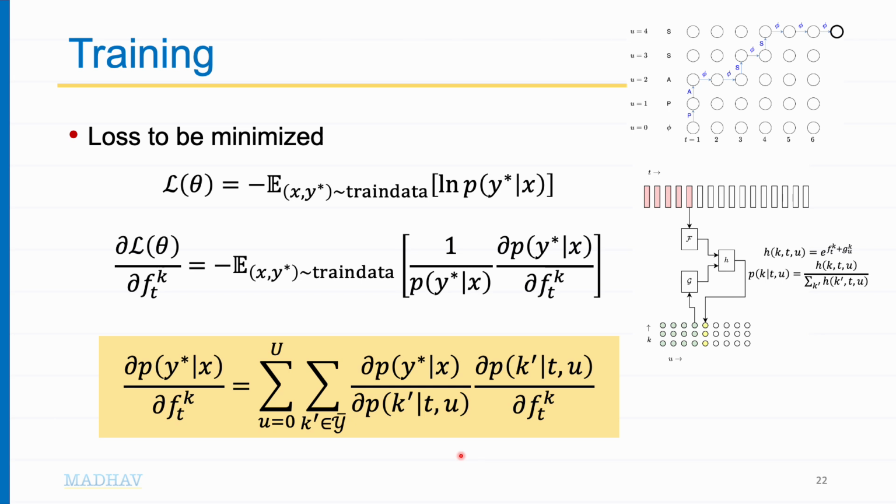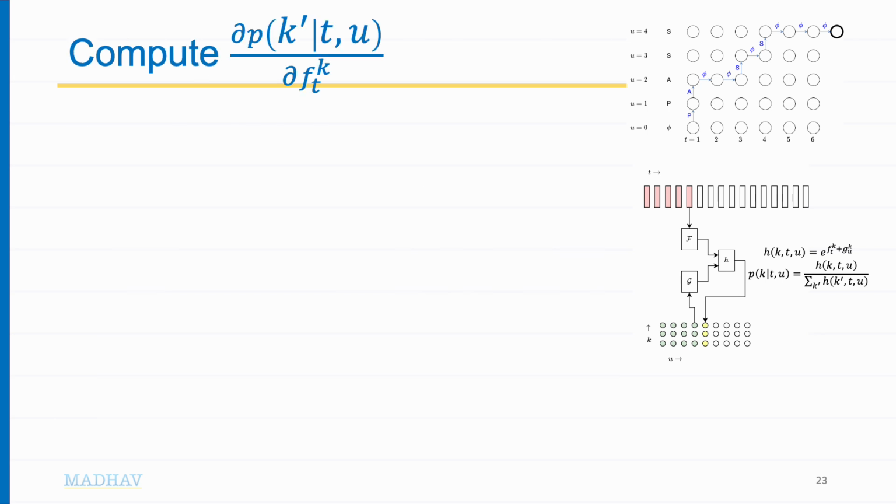Let's first look at these terms individually, and then it will make more sense to you. Let's compute this term first. What is the derivative of p_k dash given t comma u with respect to f_kt? The terms are here. It's simply the softmax formula.